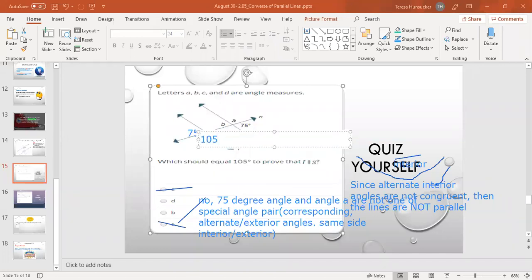So they would have to be supplementary. Angles must be supplementary to prove lines parallel. And I'm sorry, it takes me a while to type.